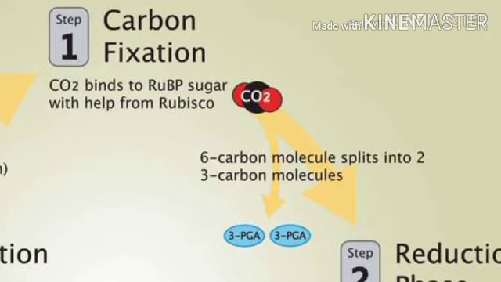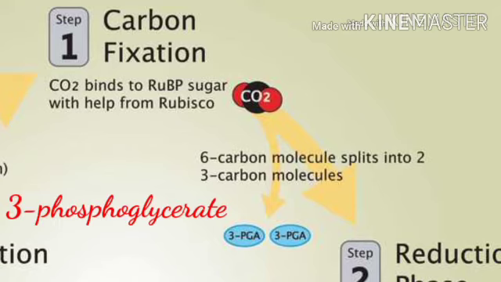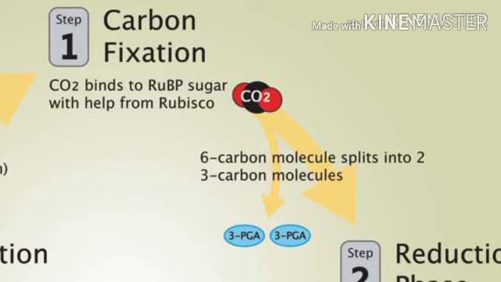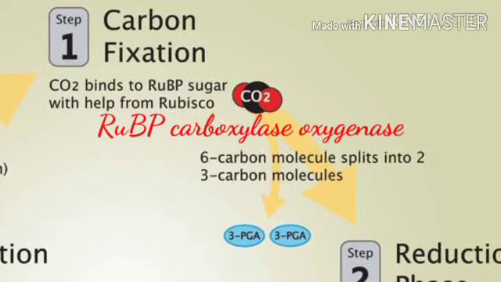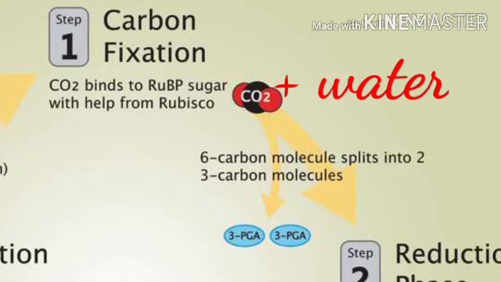Now in this process, the carbon dioxide combines with the 5-carbon compound ribulose bisphosphate, and it will produce 2 molecules of 3-phosphoglycerate, which is a 3-carbon compound. For the catalysis of this reaction, the enzyme is Rubisco, RuBP carboxylase oxygenase, and water is also used up in this process. The next step is reduction.